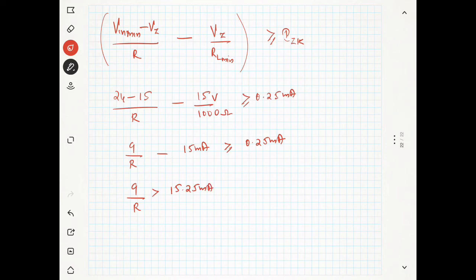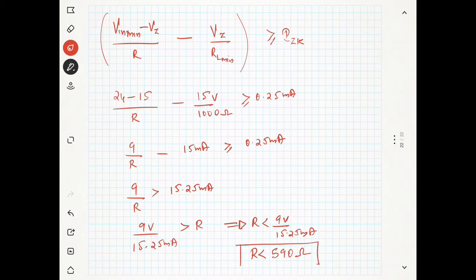So R should be less than 9 volt by 15.25 milliampere. That means R should be less than 590 ohms. So you have to put an R which is less than 590.